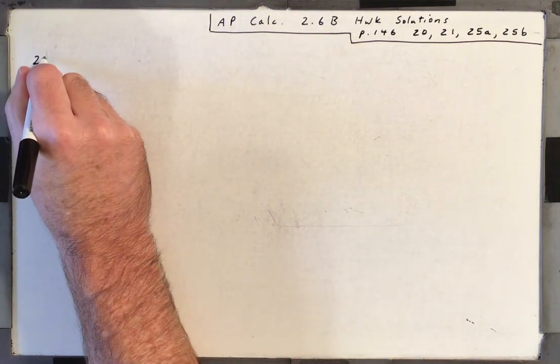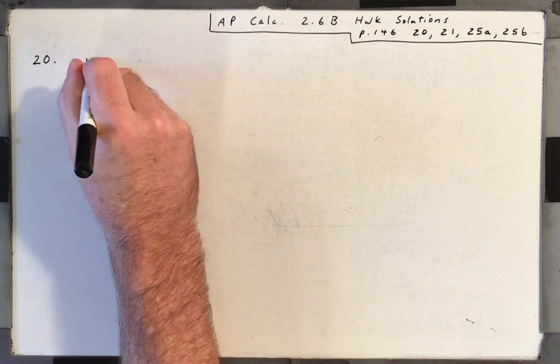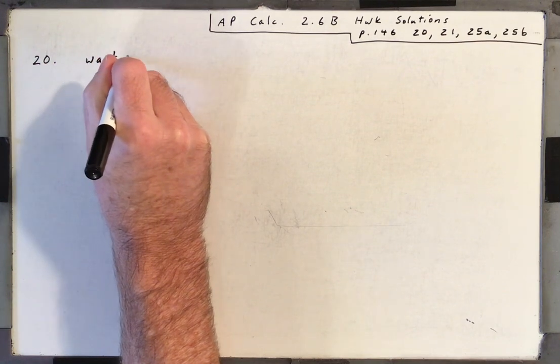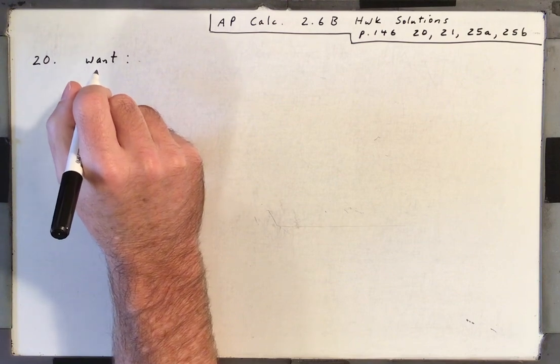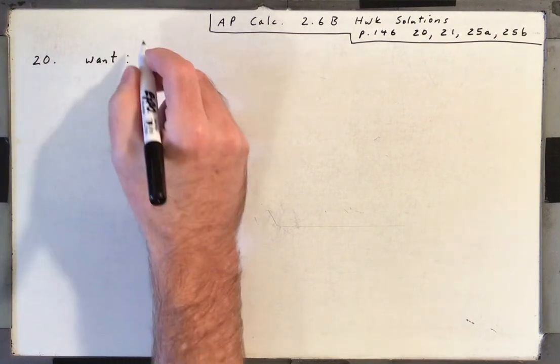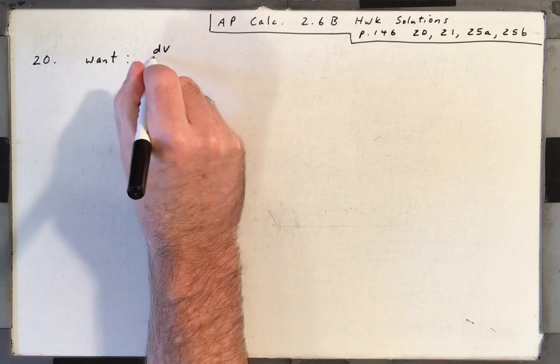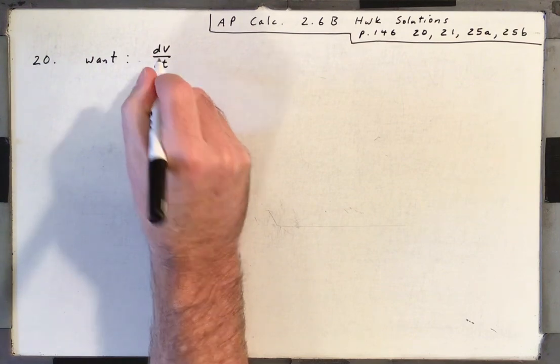Okay, so number 20, what do we want? It says find the rate of change of the volume, so that would be dV/dt.